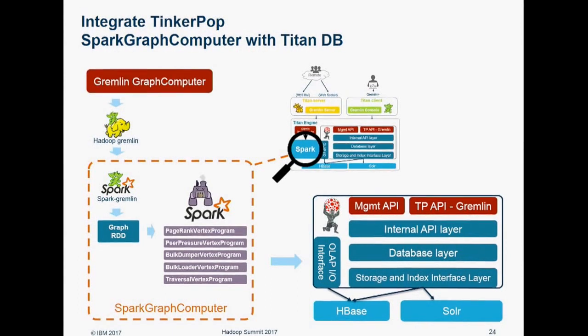So we are talking about OLAP analytical work instead of the transactional work where you insert, you query, you traverse the graph. If you want to do, for example, PageRank, it can all be run as a Spark job against the Titan database and get your results.